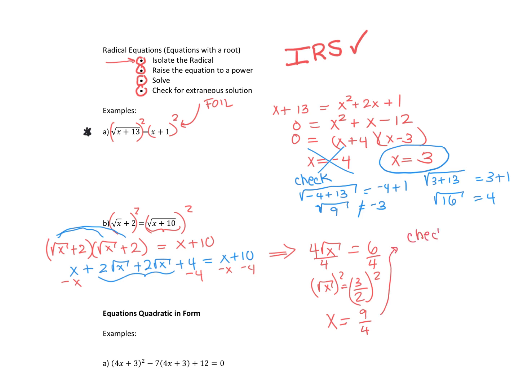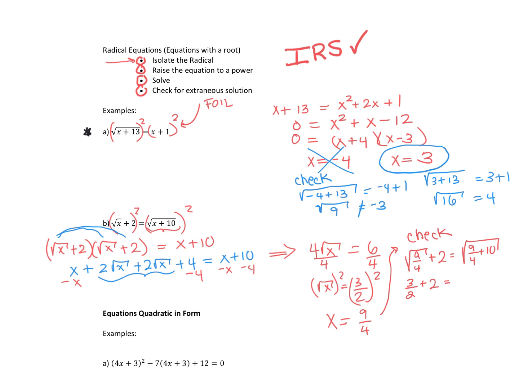So I'm going to do my check here. I'm going to get the square root of 9/4 plus 2 equals the square root of 9/4 plus 10. So on this side we get 3/2 plus 2.